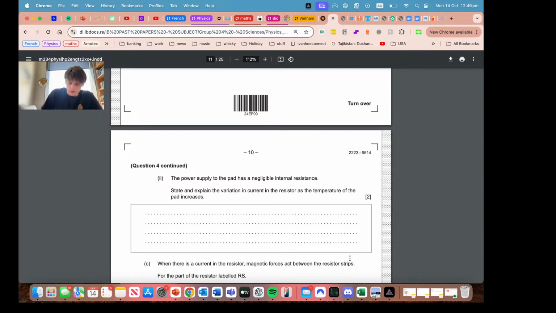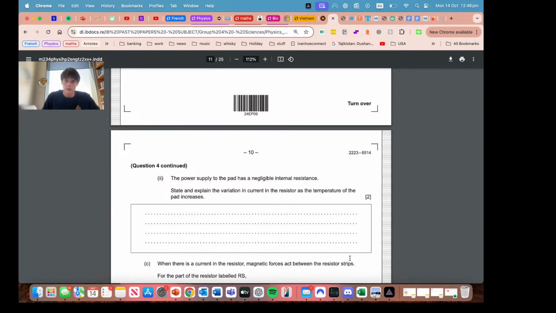Three identical secondary coils, P, Q, and R. So secondary coils pretty much means if we're looking at a transformer, they're after the transformer. We know that from topical levels. Are wound onto the iron core of a transformer. The coils form a power supply that provides two output voltages, one between A and B, and another between C and D. The primary coil of the transformer is connected to a 110 volt root mean squared mains supply.